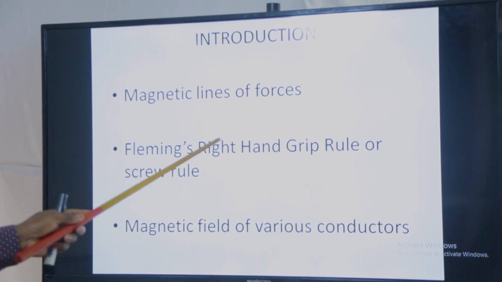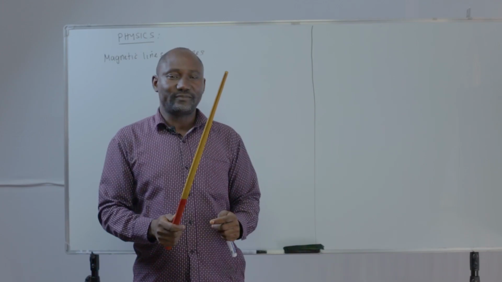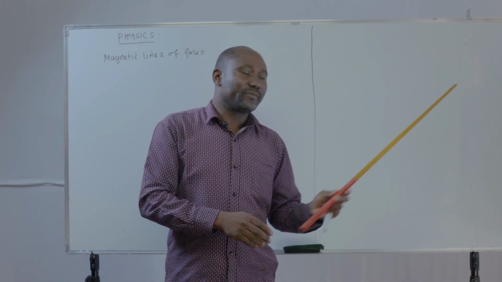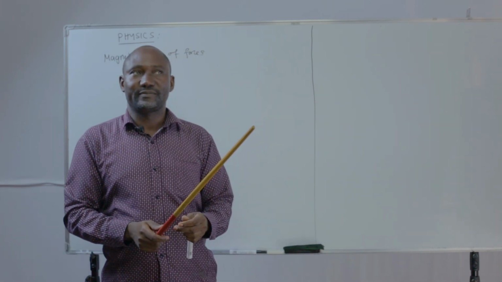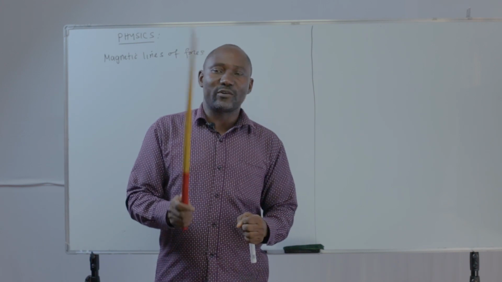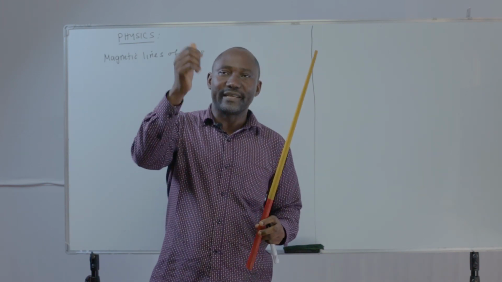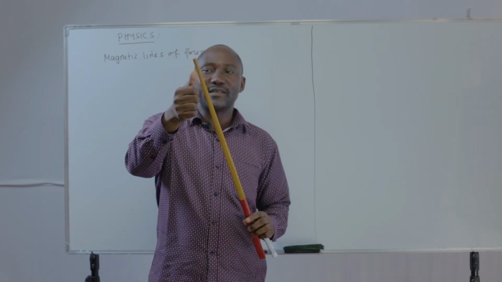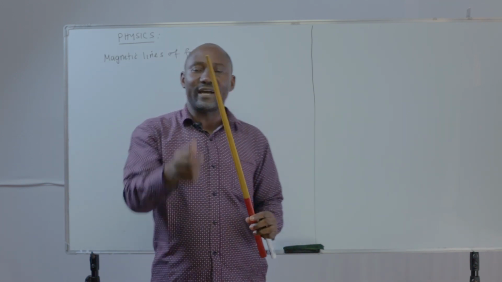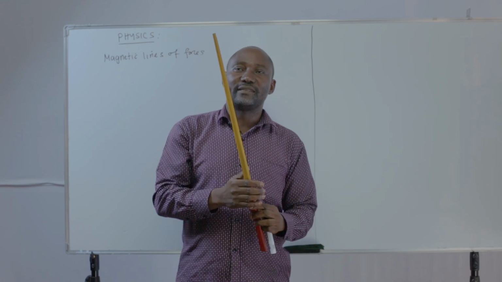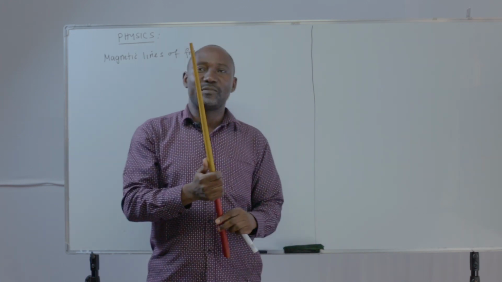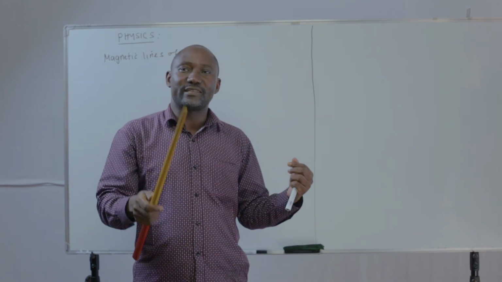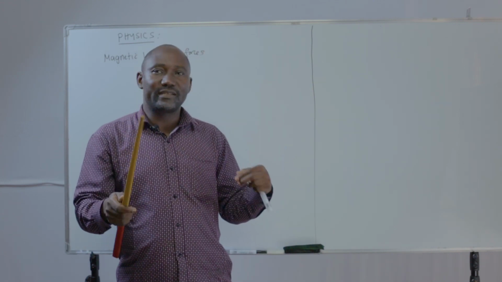Fleming's right-hand grip rule says that if a current-carrying conductor is held with the right hand such that the thumb is pointing in the direction of the current, then the curled fingers will be pointing in the direction of the magnetic lines of force.